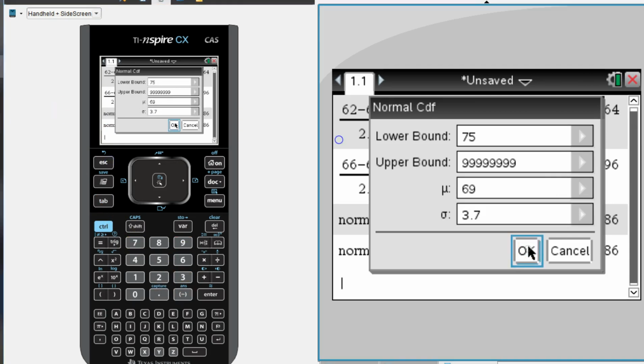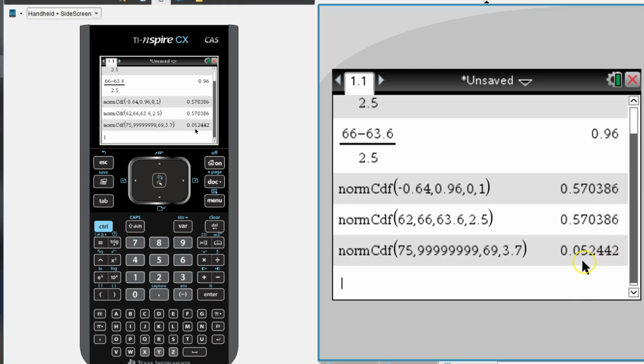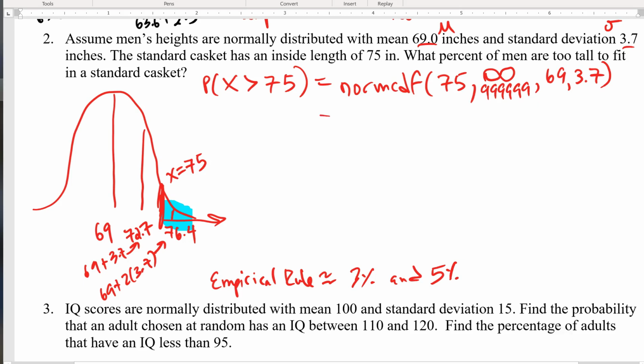No, about 5%. My approximation was a little off. So 0.052. And that would be the probability of having a casket that is not tall enough for you, or you being too tall for the casket. Okay?